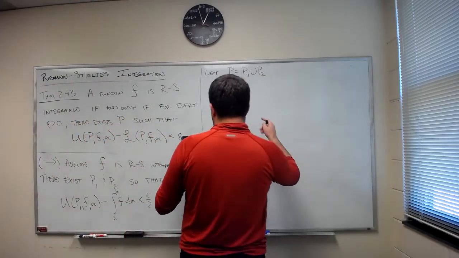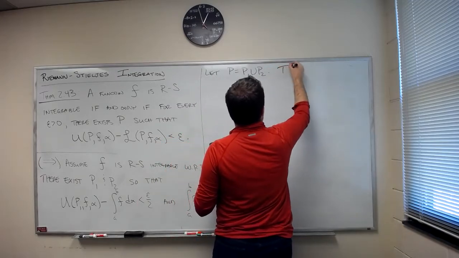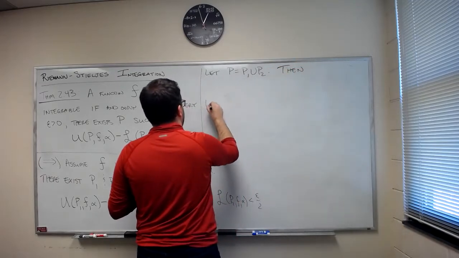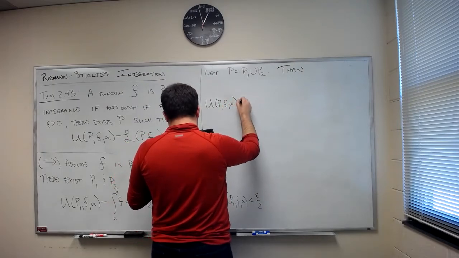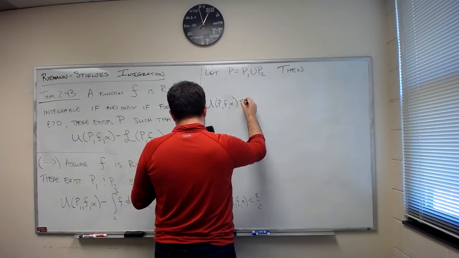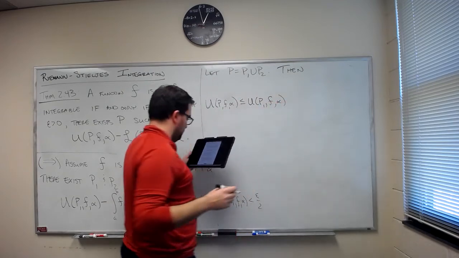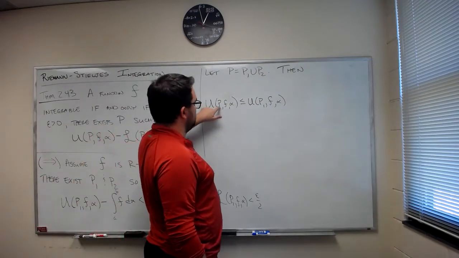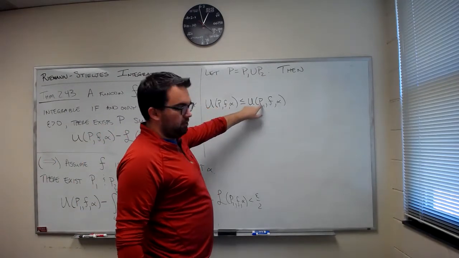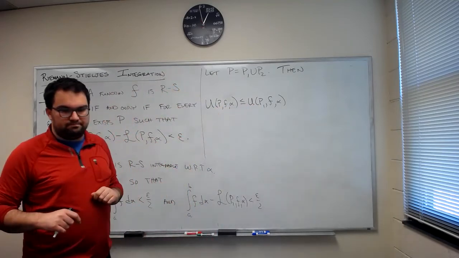So in particular, then, the first thing I'll point out here, right, is that if I take a refinement, so this is a refinement of this partition, okay, and since I've taken a refinement, that makes my upper sum smaller.